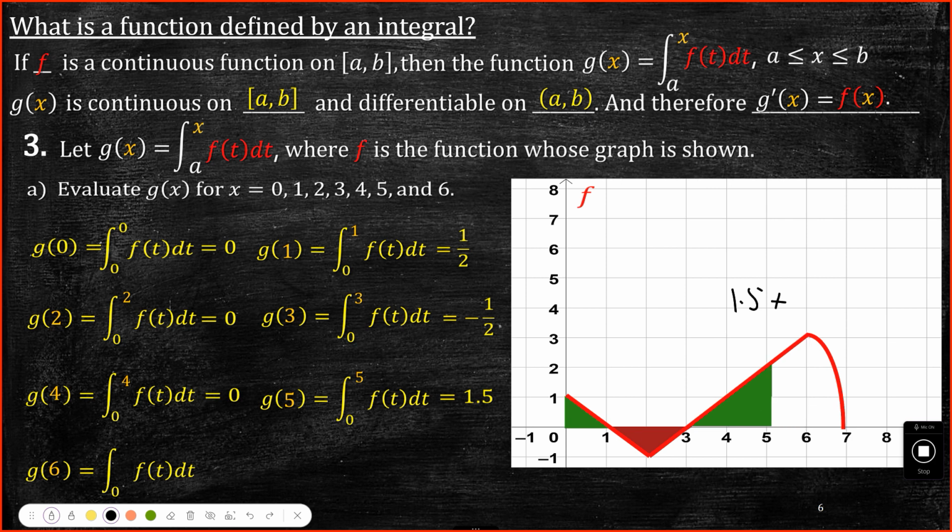We want to know what this is, and we figured out that H1 is 2 plus 3, times 1 over 2. What's that? 5 over 2, which is 2.5. 2.5 plus 1.5 is 4.